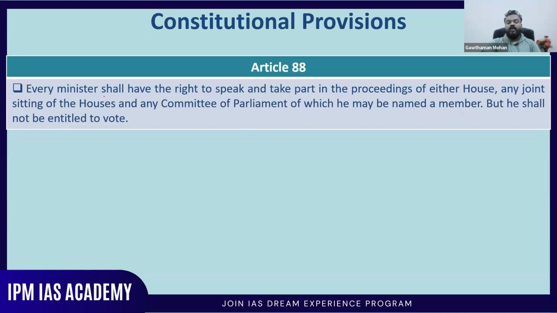Article 88 talks about how every minister shall have the right to speak and take part in the proceedings of either house, any joint sitting of the houses, and any committee of parliament of which he may be named a member, but he shall not be entitled to vote. That provision is there for being a part of these proceedings in either house or joint sitting, etc.